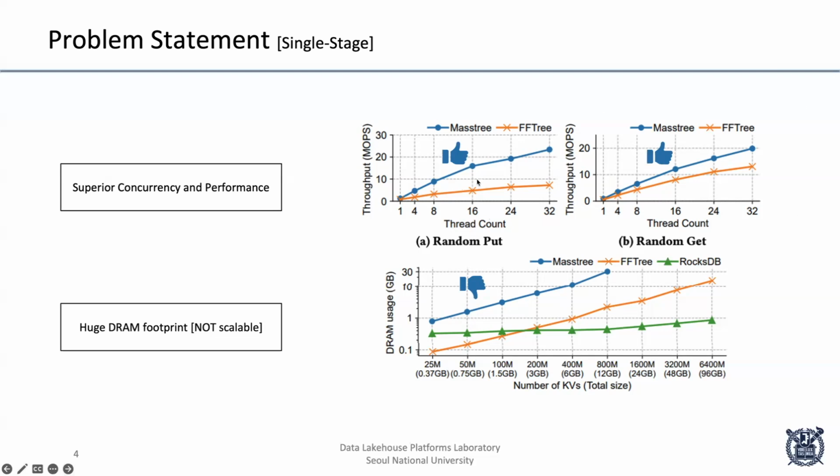So in this graph, we can see that MassTree, which is the volatile structure of FlatStore, with DRAM only B+ tree, achieves higher than 20 MOPS in the read and write throughput, showing a very high performance and parallelism. So they extract an observation from this, that single stage indexing benefits from the high concurrency and scalability for both reads and writes in the DRAM.